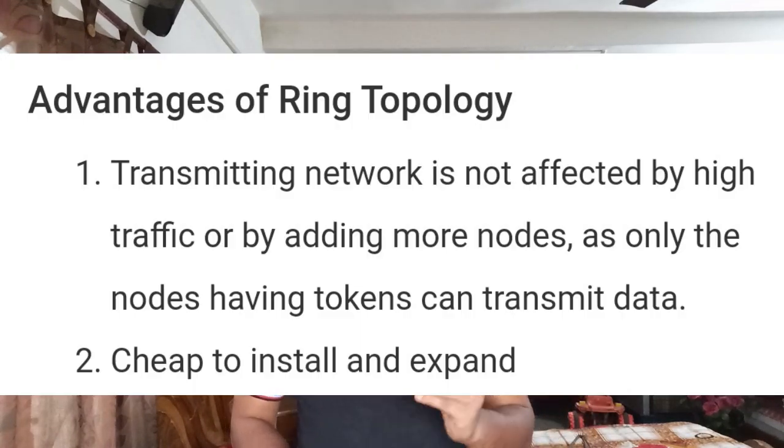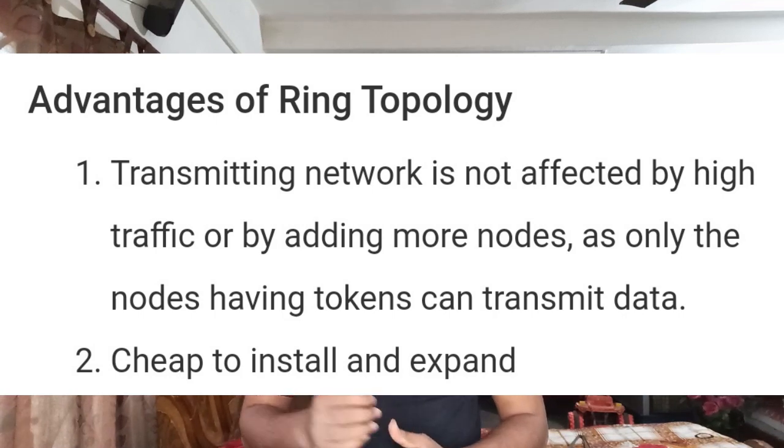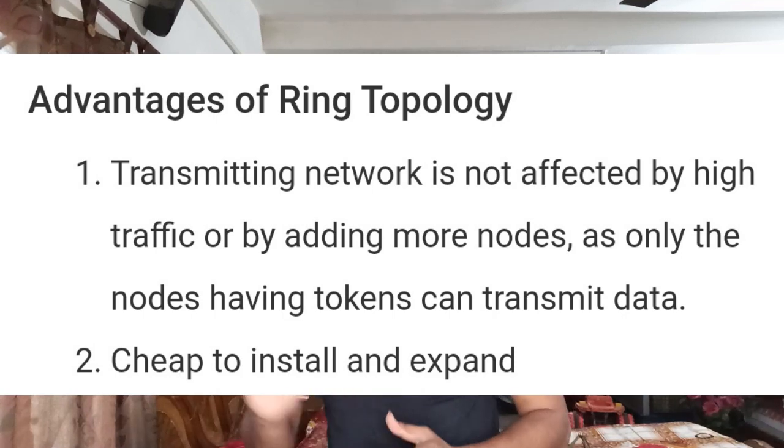Now the first advantage of ring topology. The first advantage of ring topology is that the transmitting network is not affected by heavy loads or by adding more nodes, because nodes having a token can transmit data here.